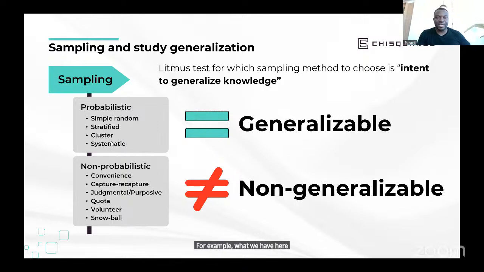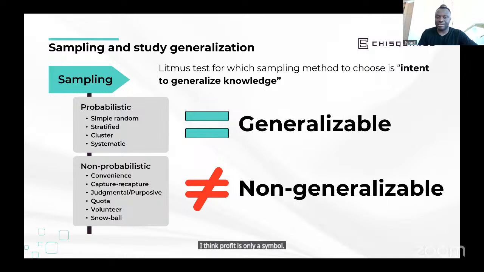Which ones can give us equal selection probability of what is listed here? Simple, okay. What else? Simple random. Yes, what else? I think Prof, it is only simple.